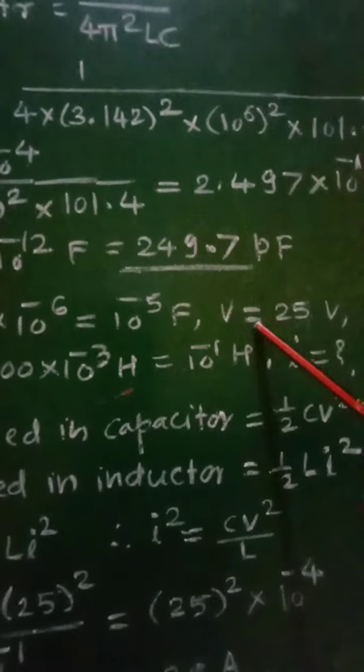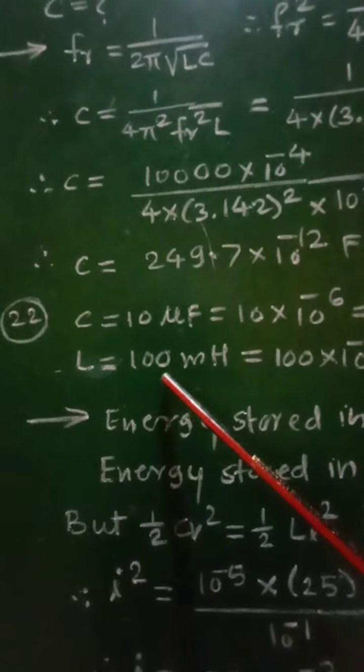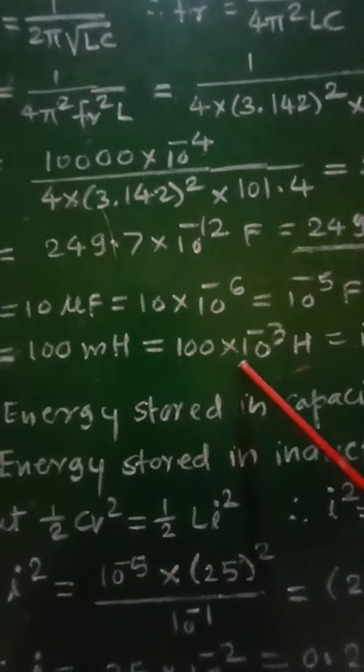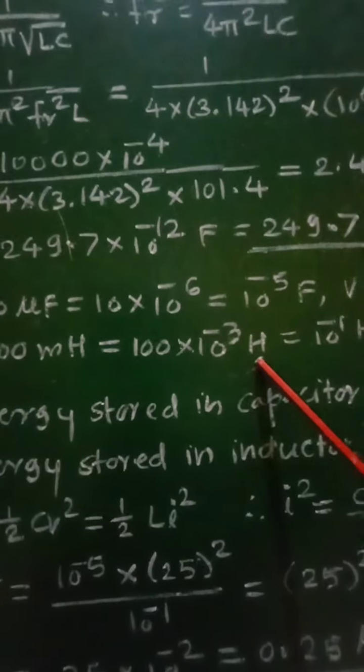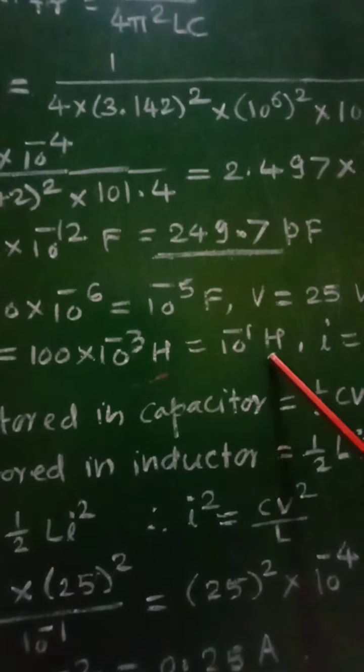Then potential phi is equal to 25 volt. Then inductance L equal to 100 millihenry, which will be equal to 100 into 10 raised to minus 3 henry, which comes out to be 10 raised to minus 1 henry.